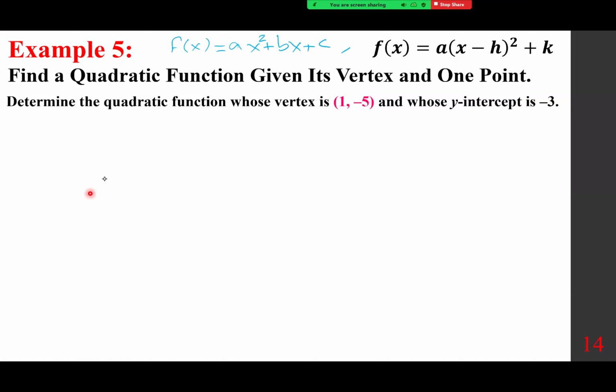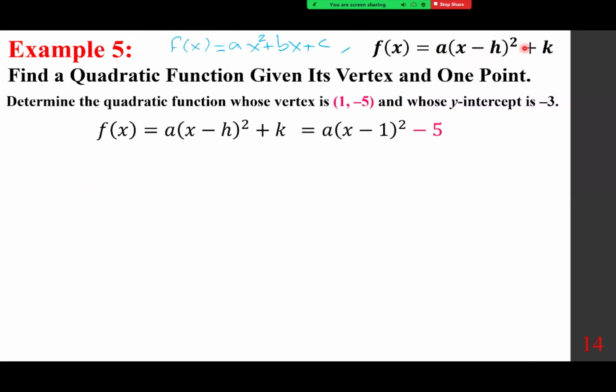So we are going to plug in the vertex. It becomes a times x minus 1 squared minus 5. We have one pair, in this case the y-intercept, with coordinates 0, comma, negative 3. So replace the x with 0 and f of x, or y, with negative 3.